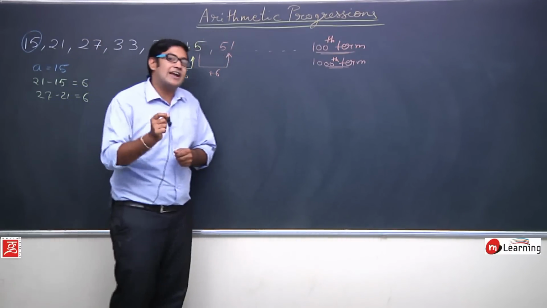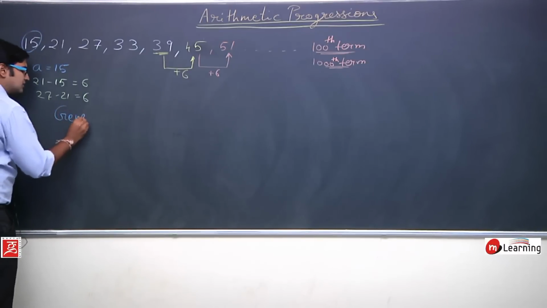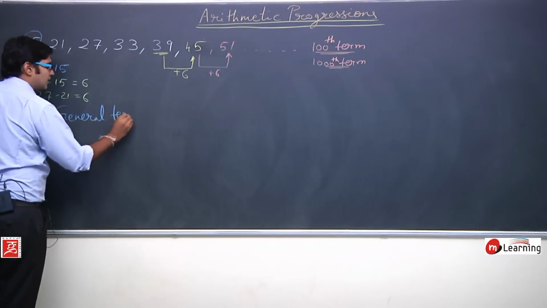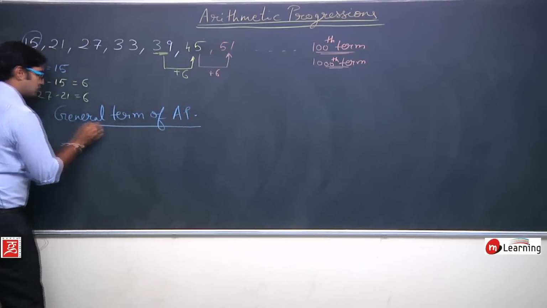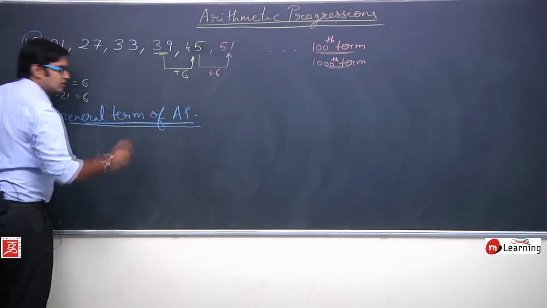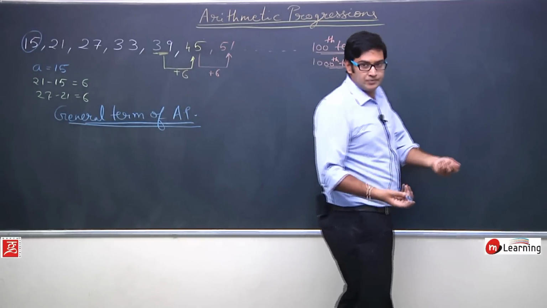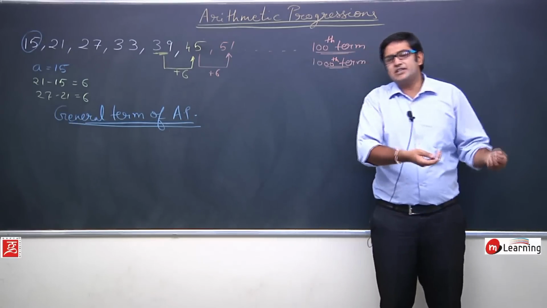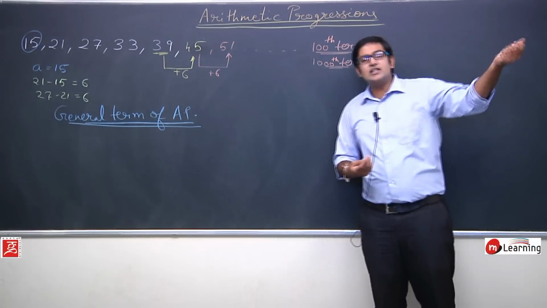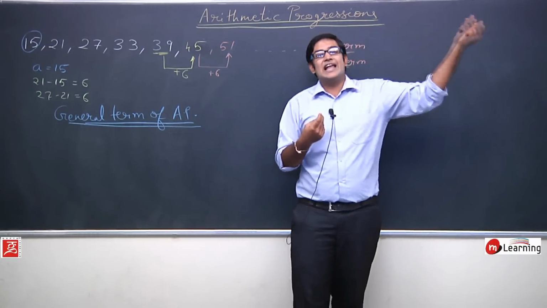We are going to find a term which is known as the general term of an AP. General term means any term. General term means either the first term, 10th term, 11th term, 34th term, 100th term, 110th term, or 1000th term, or 1 lakh term.